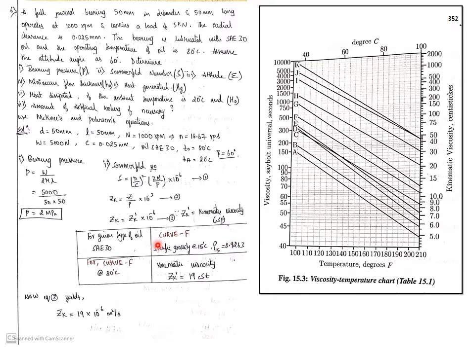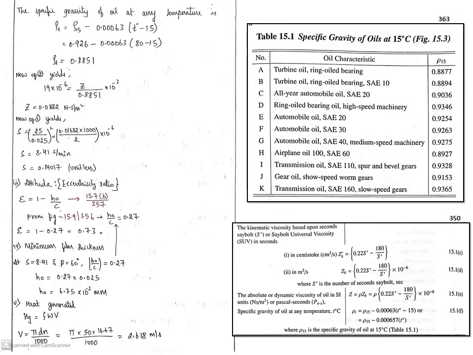Now on curve F at 80 degrees, if you cross check, you will get the value of kinematic viscosity in terms of centistokes as 19. Once you get the value of Zk dash, substitute back here to find the value of Zk. Substitute Zk back here to find the value of Z. Before that you need to find the specific gravity of oil at any temperature, using this formula.